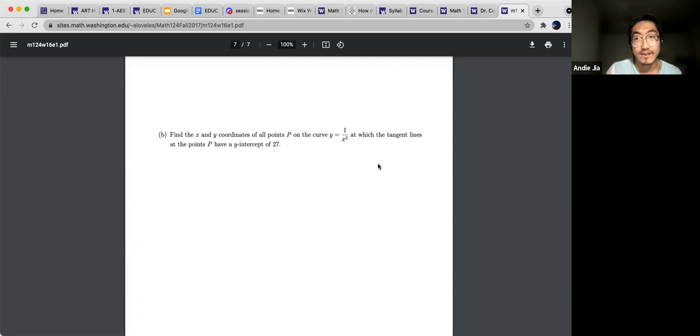It has a y-intercept, which means x equals 0. So once you have the form y equals f prime of a times x minus a, and a this time is 0, then 27 equals f prime of 0 times x, and that gives you the x-y coordinate you need to find. Does this make more sense, or do I need to elaborate more on part B?